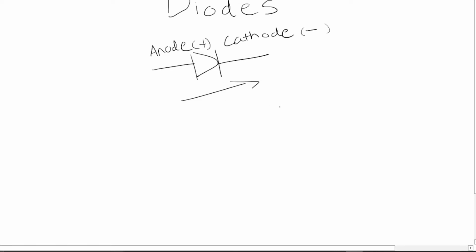However, this will only happen when the diode's forward voltage is reached, and this can be found in the datasheet of the diode. So that's the forward bias. So it's forward bias, current flows.